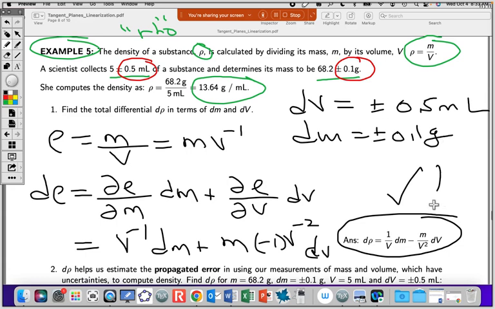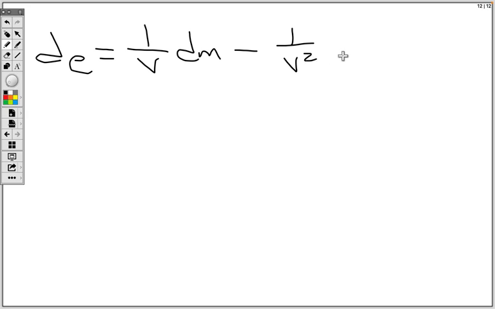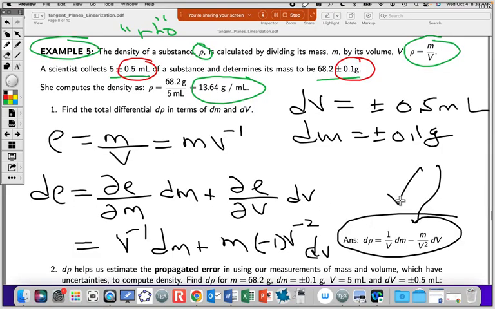And we can feed all of that into our formula for d rho. So d rho would be 1 over v dm minus 1 over v squared, m rather, over v squared dv.